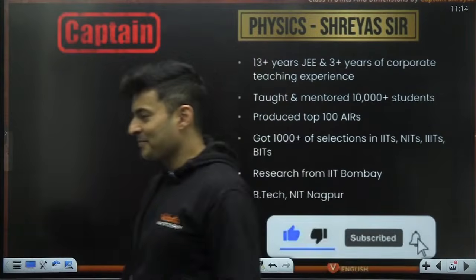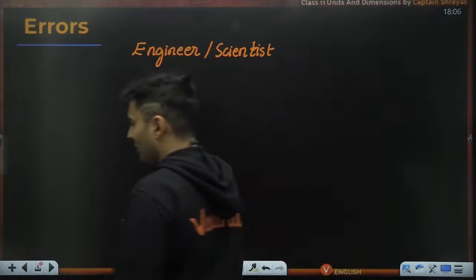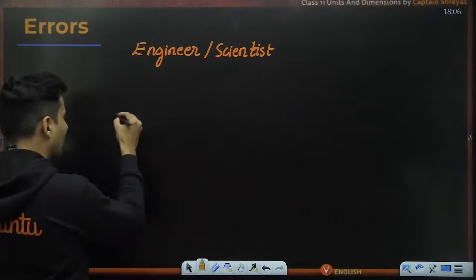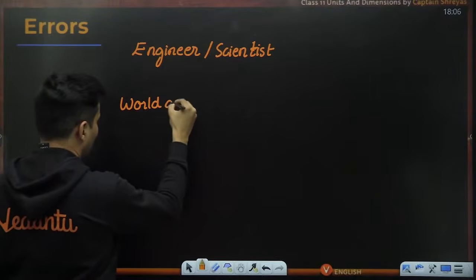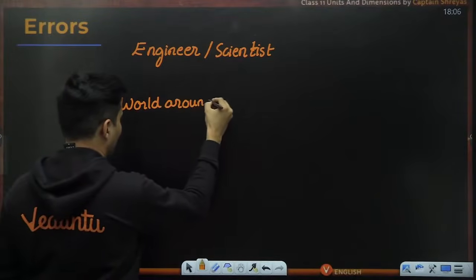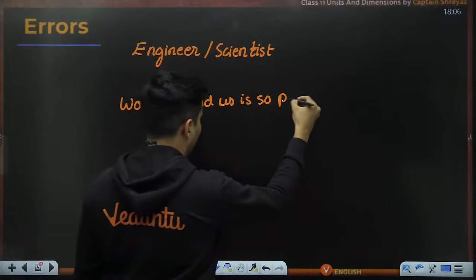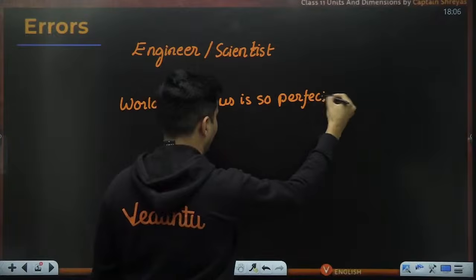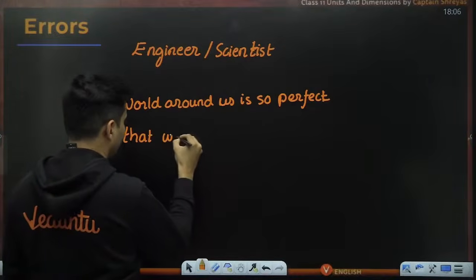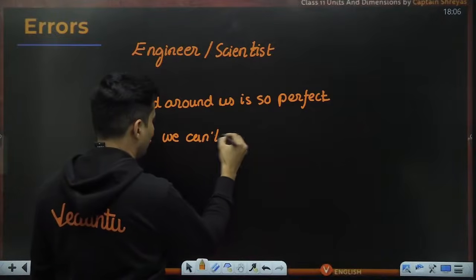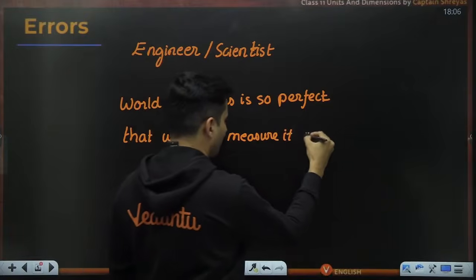So let's begin. Let's first of all talk of a scientist. The world around us is so perfect that we can't measure it accurately.